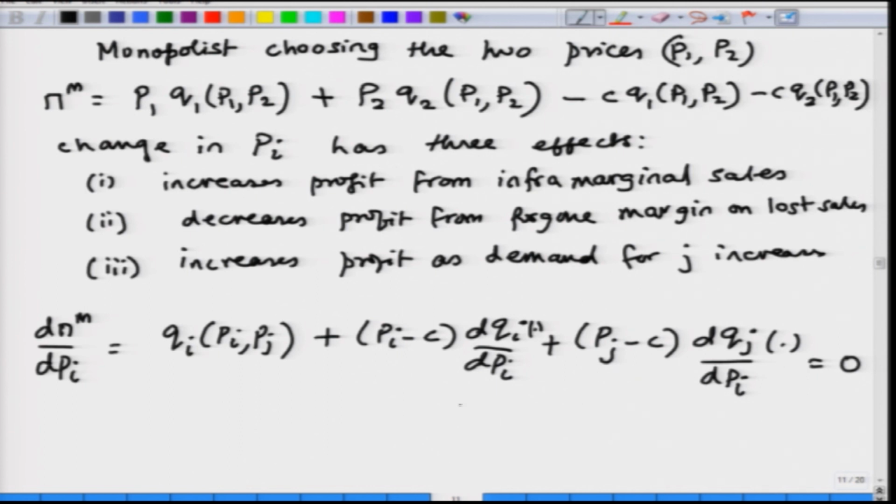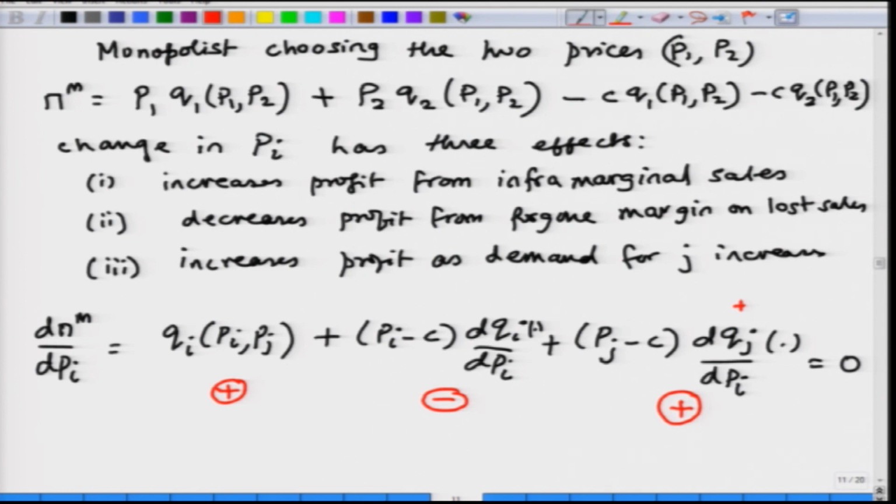In particular, this expression is negative, which makes the whole term negative, and since dQj/dPi is positive, this other expression is positive, right. So, I have one negative term and these 2 positive terms.